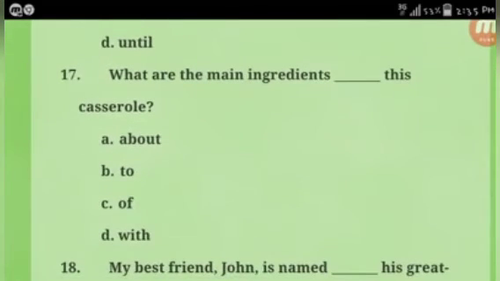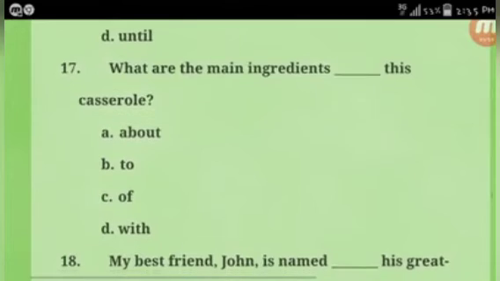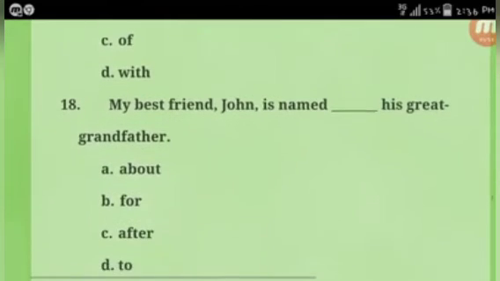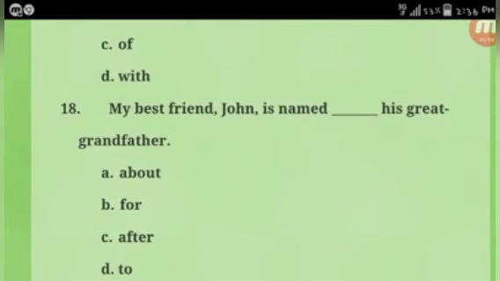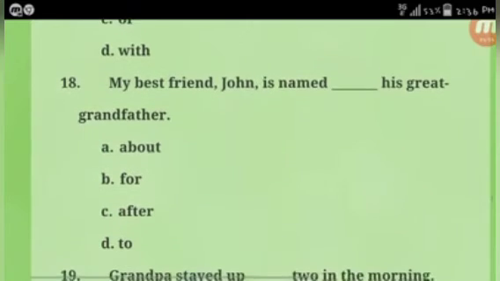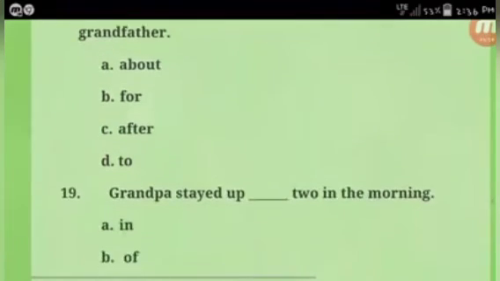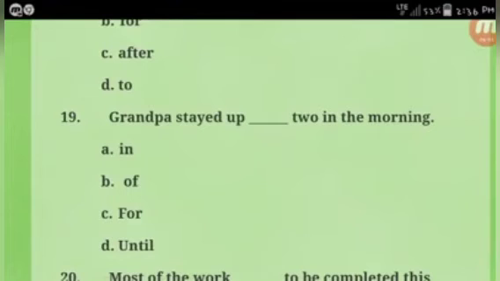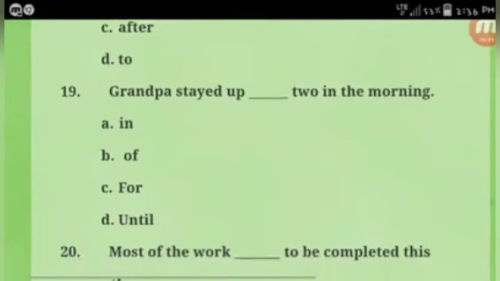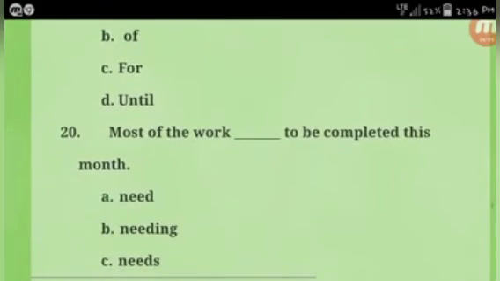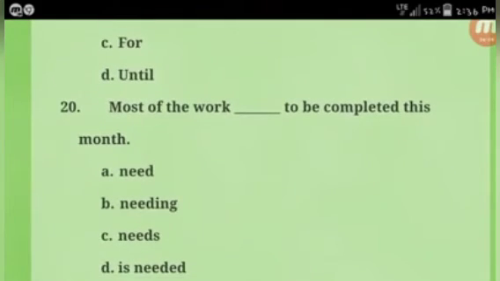Next, what are the main ingredients blank this casserole? So it's of. Number 19, my best friend John is named blank his great-grandfather after his great-grandfather. Okay, number 19, grandpa stayed up blank 2 in the morning, so it's until 2 in the morning. Number 20, most of the work blank to be completed this month, so needs.